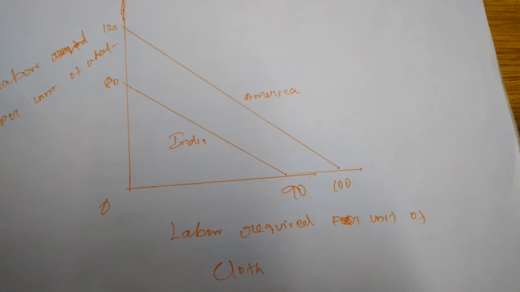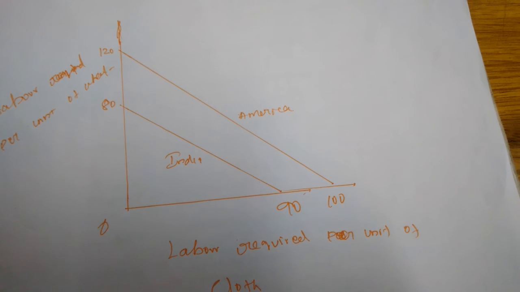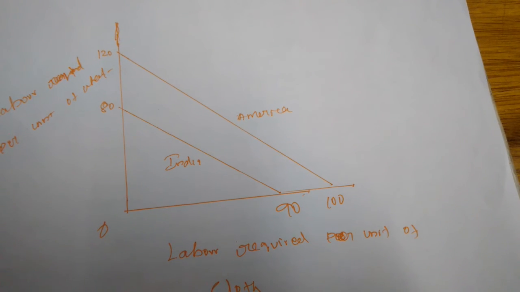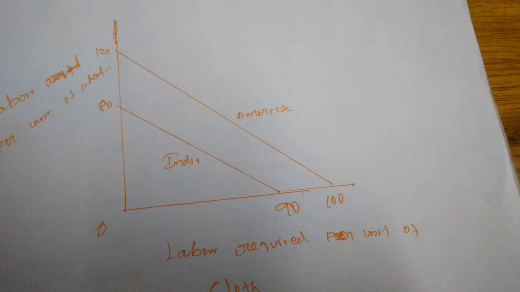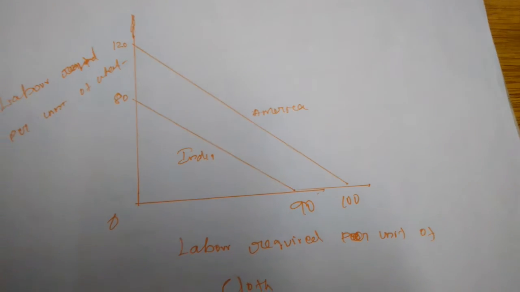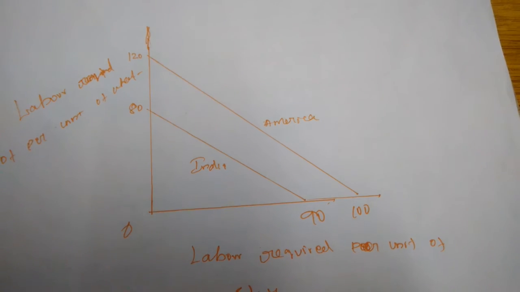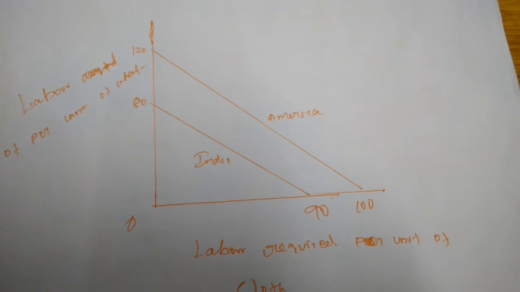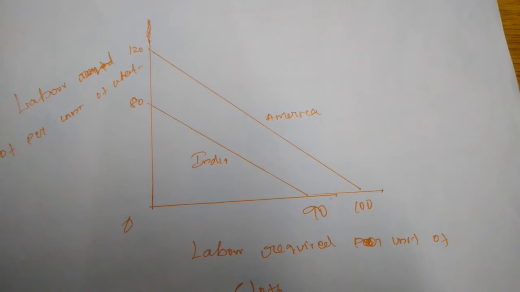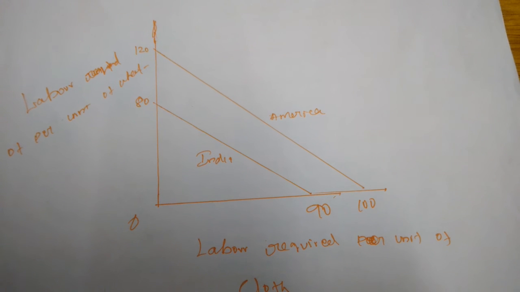So when we compare the advantage costs, there is no big disadvantage for America to produce the cloth and export it to India. Here America requires more labor to produce 1 unit of wheat, but India requires less labor to produce 1 unit of wheat.